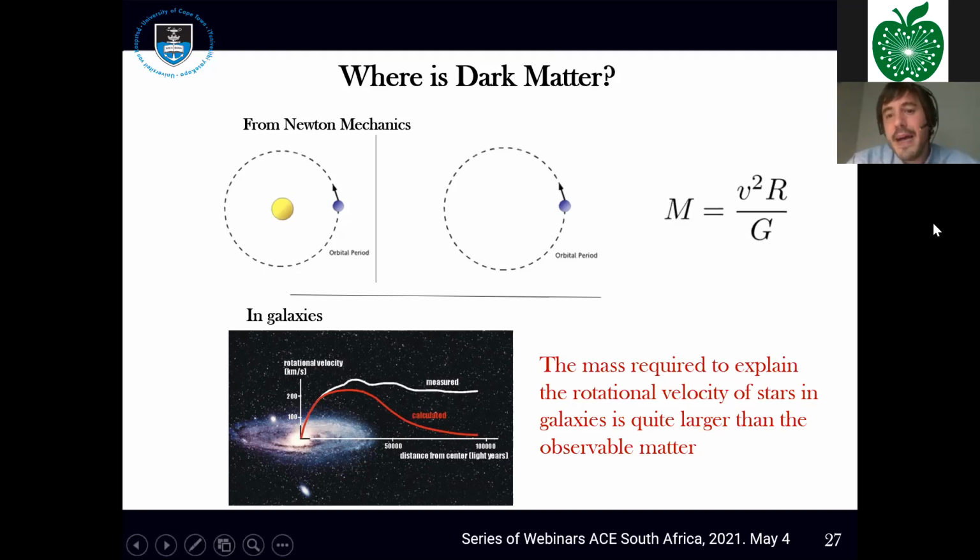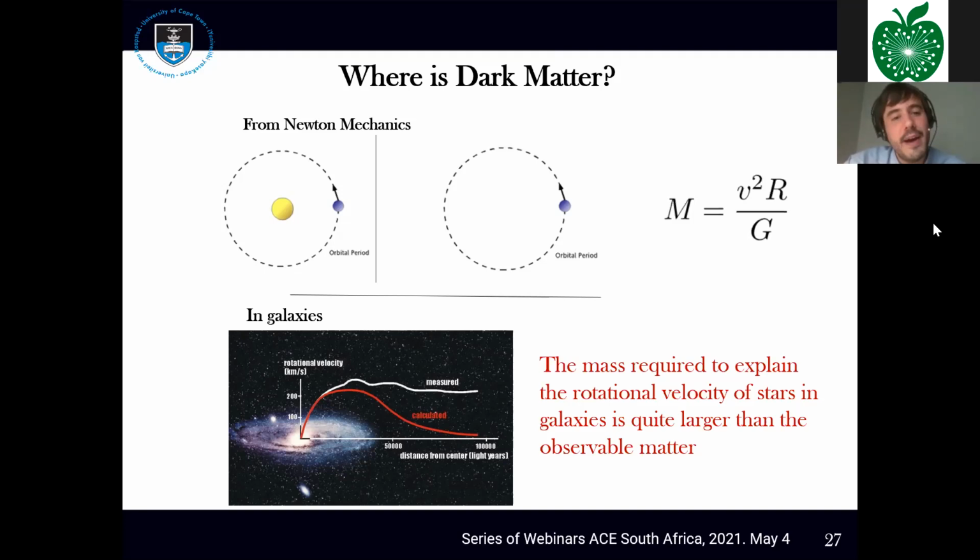So the mass required to explain the rotational velocity of stars in galaxies is quite larger than the observable matter.